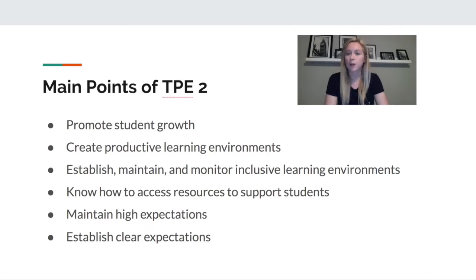Second is to create productive learning environments. This is to make sure that the environment they're in is positive and productive for them. They're going to learn what they can learn at that age level. And third is to establish, maintain, and monitor inclusive learning environments.